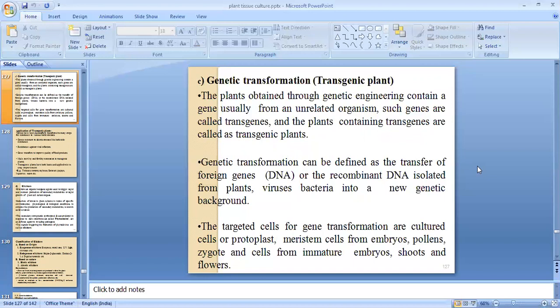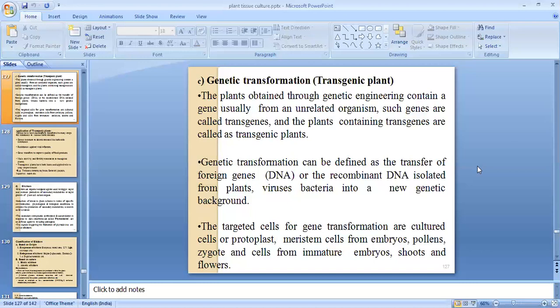The plants are produced through genetic engineering methods, that is, the transfer of a gene from an unrelated organism to the related one. Such genes are called transgenes, and the plants containing transgenes are called transgenic plants.